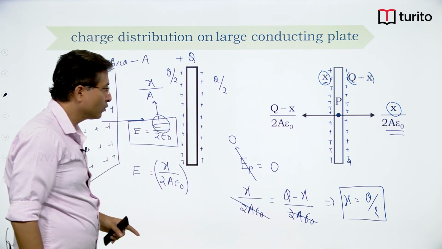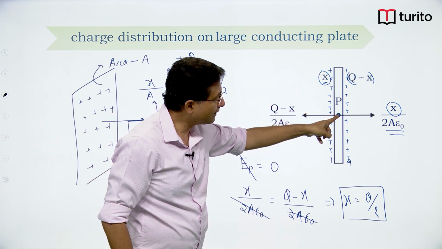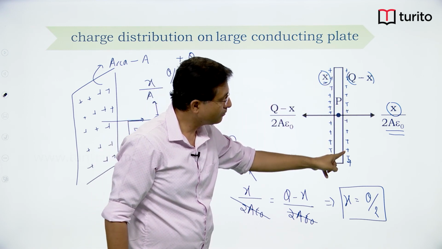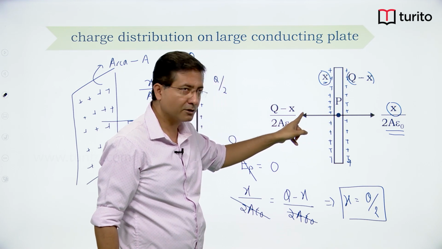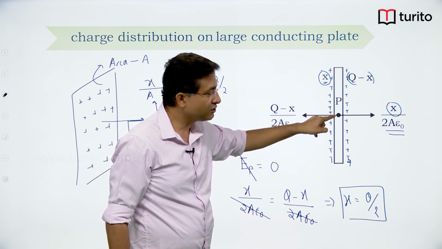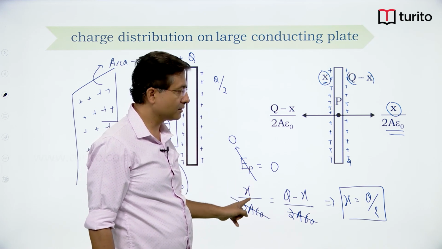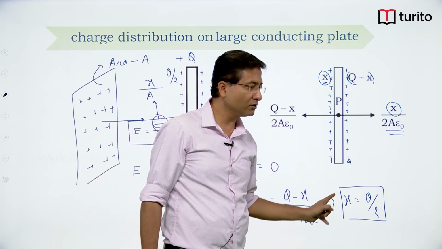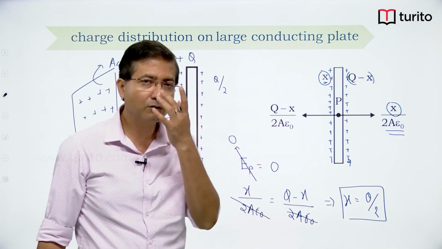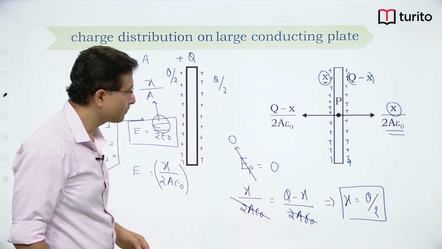This charge produces field at this particular point away from the distribution, and this charge also produces field at this point away from the distribution. So, only these two charges are producing field. To have net field 0 here, they must balance each other, that is what we have done. Net field has to be 0, so the charge on both surfaces must be equal. When you give a Q charge, it will get equally divided, right.